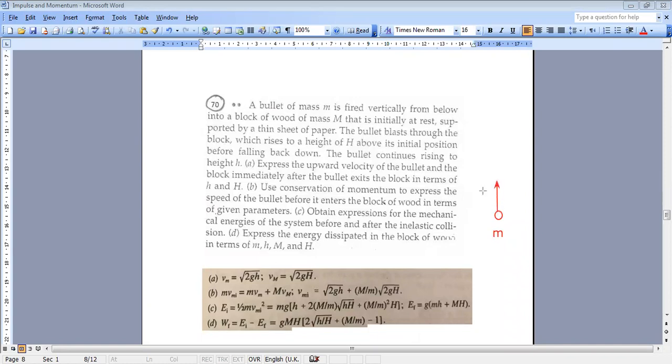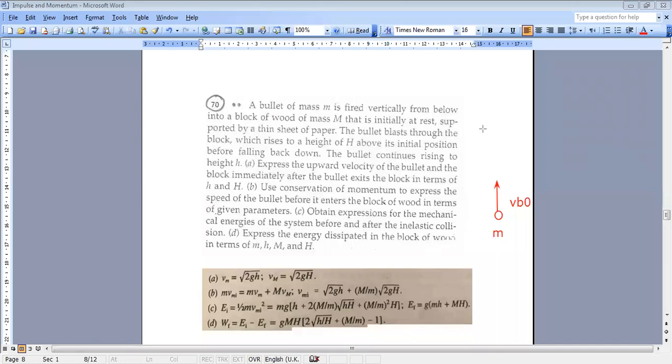I will call it V bullet 0, the initial bullet velocity. It is fired towards a block of wood of mass big M that is initially at rest.